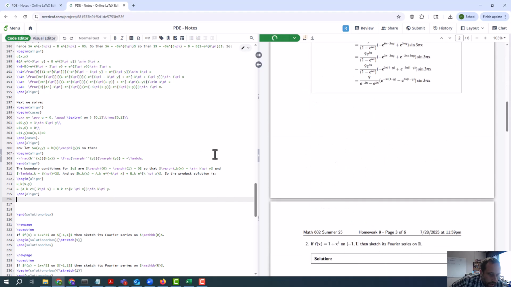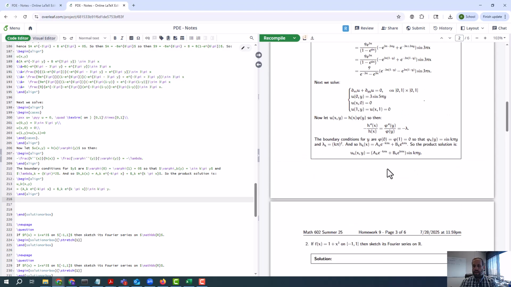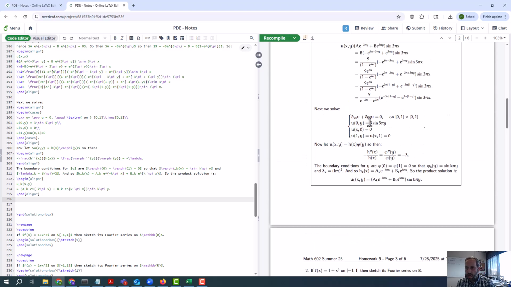Okay, now let me just run this really quickly to make sure I haven't made any LaTeX mistakes. So we know u of 0, y is 3 sine 5 pi y. So the only term that's going to be non-zero is going to be corresponding to k is equal to 5.